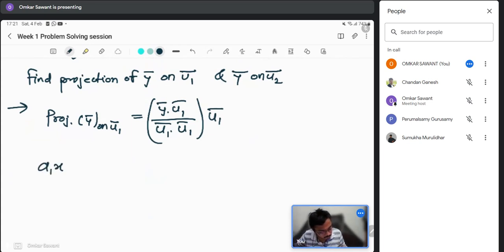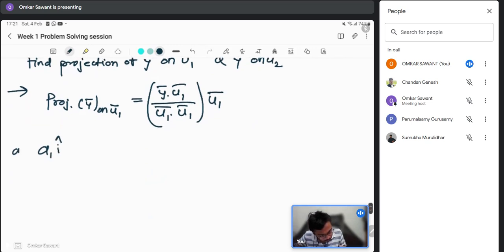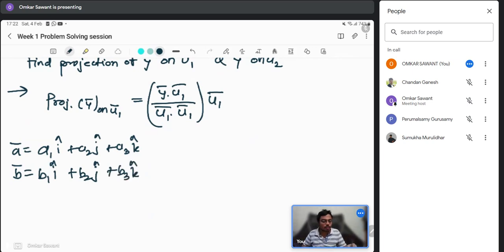If we have one vector a bar and another vector b bar, what is the dot product a bar dot b bar? Yes, anyone? Mod of a and mod of b into cos theta, sir. Okay, and in other terms, a1 b1 plus a2 b2. This you know.